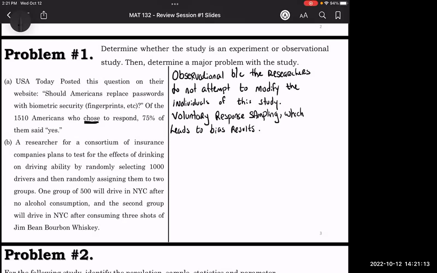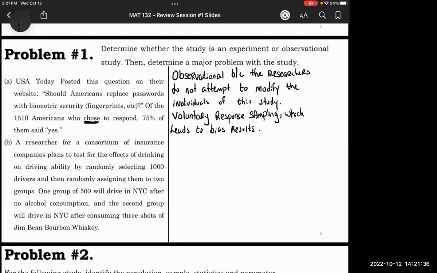There's a control group, which are those that are not drinking the alcohol, but the other group is called what? Anybody want to take a guess? The group that's drinking the alcohol is called the treatment group, right? So there's a treatment and a control group.